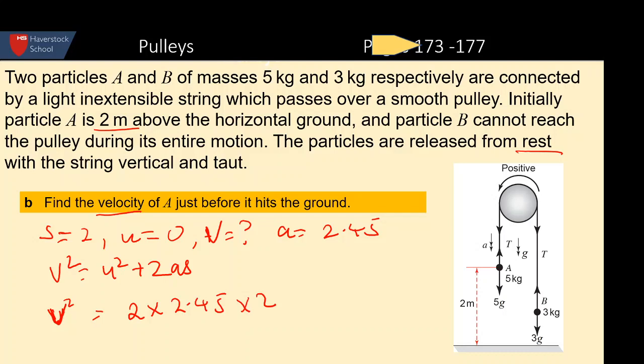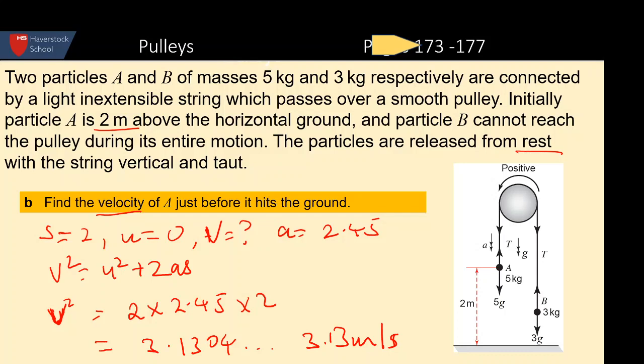When you square root everything, sorry, I'm pausing because I'm doing it on my calculator at the same time, you should be getting v to be 3.1304 going on. So to 3 SF, 3.13 meters per second. There we go. Easy, very, very simple.